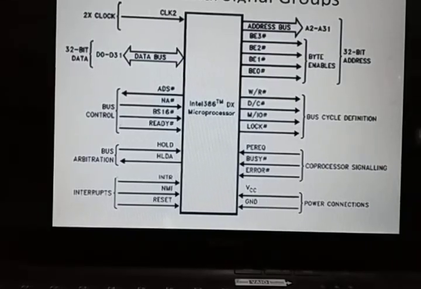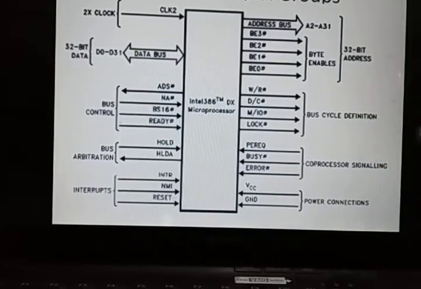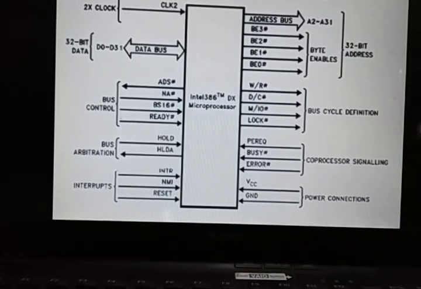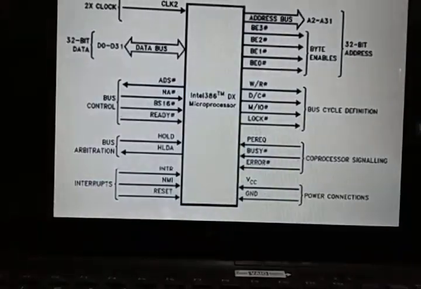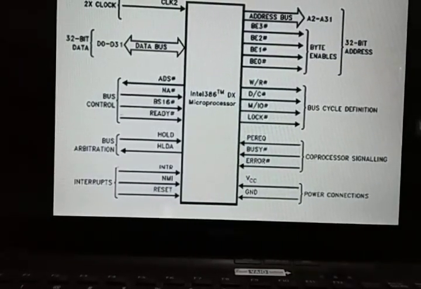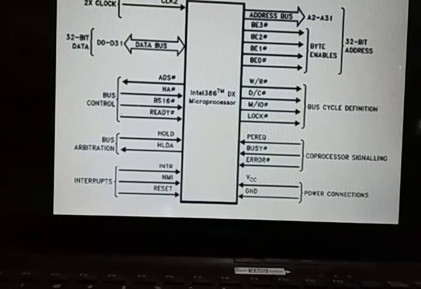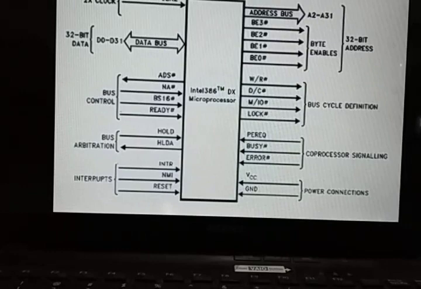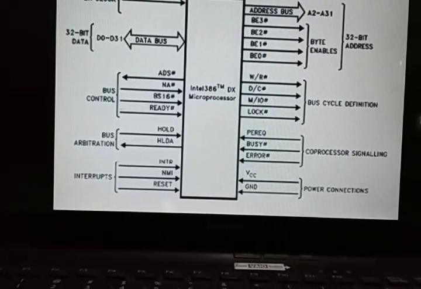So here you can see also M/IO hash. The hash signal basically indicates a low active signal. So whenever this signal is set to 1, in that case it represents the memory cycle, and whenever this signal is set to 0, in that case it represents the input output devices.